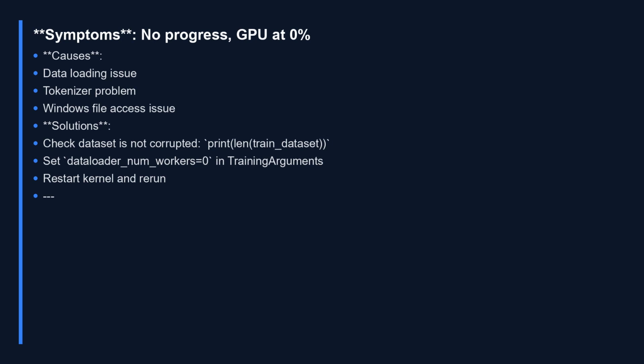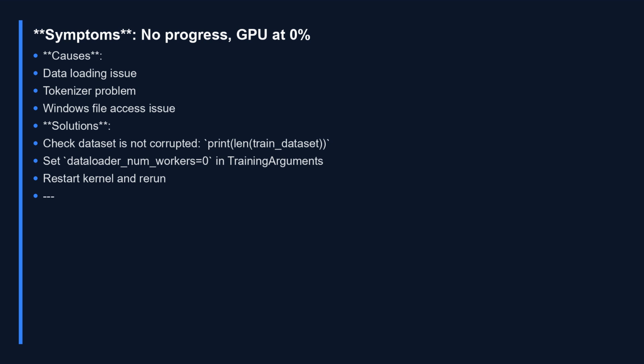If the progress bar never moves and your GPU sits at 0% utilization, training has stalled before it started. The most common culprits on Windows are a data loading issue, a tokenizer problem, or a file access conflict with the NTFS file system. Diagnose in this order.